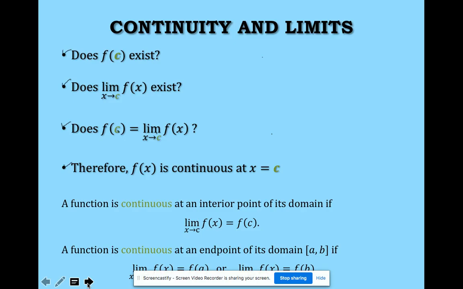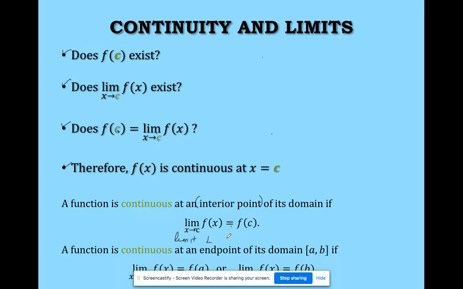So there's the formal definition of continuity. A function is continuous at an interior point of the domain if the overall limit, from the right and the left, is equal to the function level.